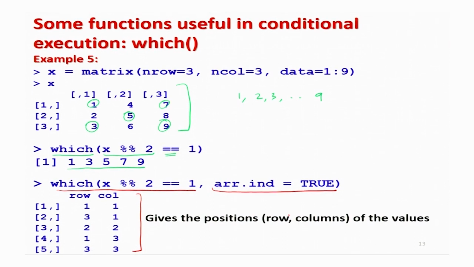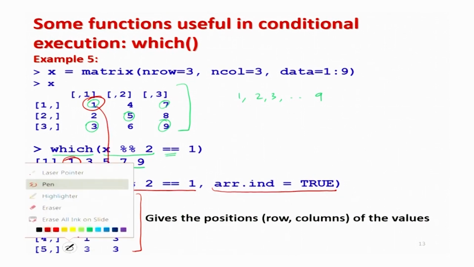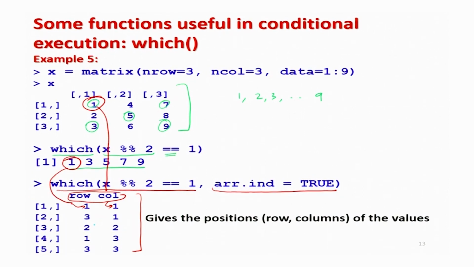It is showing you that the first odd outcome is the value 1, and the 1 is occurring at row number 1 and column number 1, as you can see here. Similarly, take one more example: the third value here is 5. This 5 is occurring at row number 2 and column number 2.